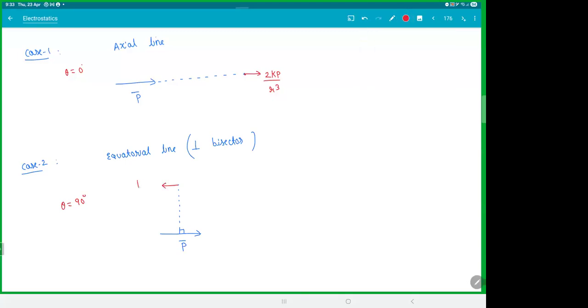You will get kp by r cube. The field will be opposite to the dipole. These two are very standard questions at Mains and BITS like this. Clear with this?